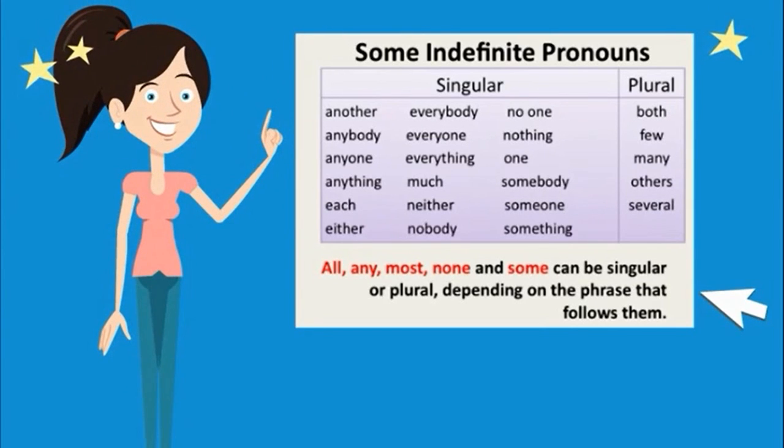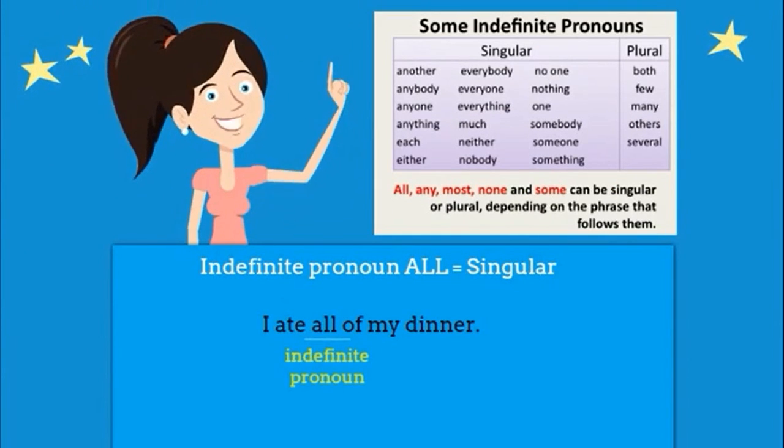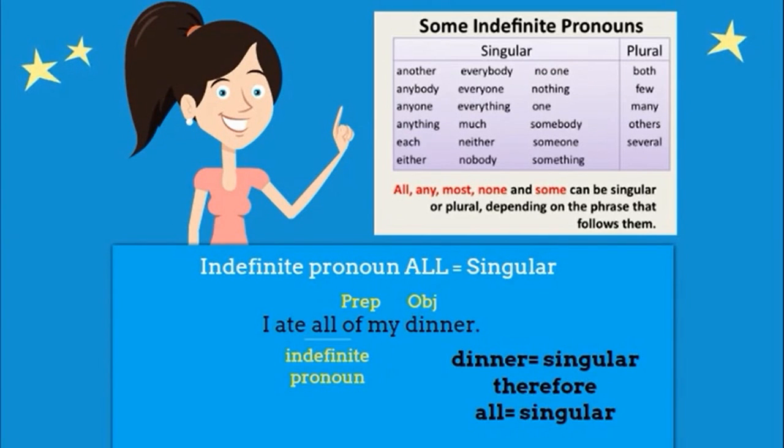Here are some examples of how the pronoun all can be singular or plural. I ate all of my dinner. All is my indefinite pronoun, and if I want to know if all is singular or plural, I need to look at the object of the preposition in the phrase that follows. Dinner is singular, therefore making the indefinite pronoun all singular.